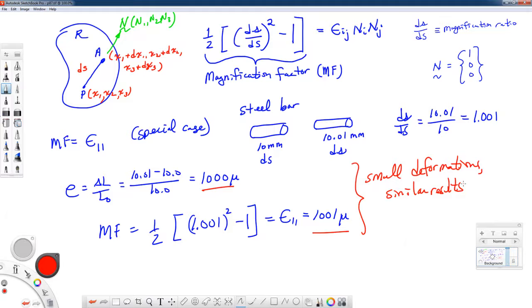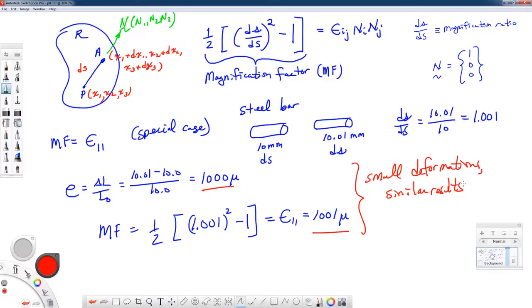Okay, so what should you use? We have lots of different strain ideas floating around right now. We have this magnification factor thing. Sometimes it turns out to be epsilon 1,1. Sometimes it may not be if we use different directions. We have engineering strain that we have right here. What do we use?